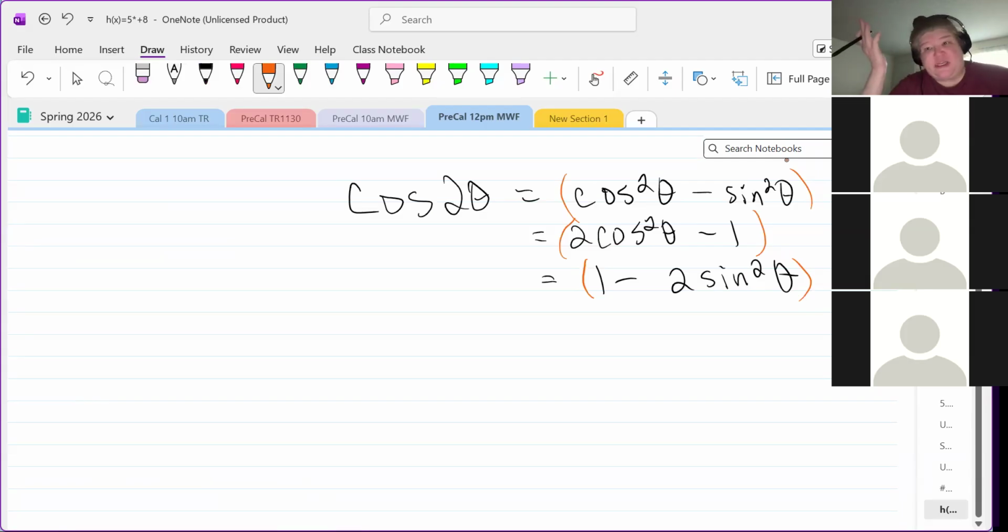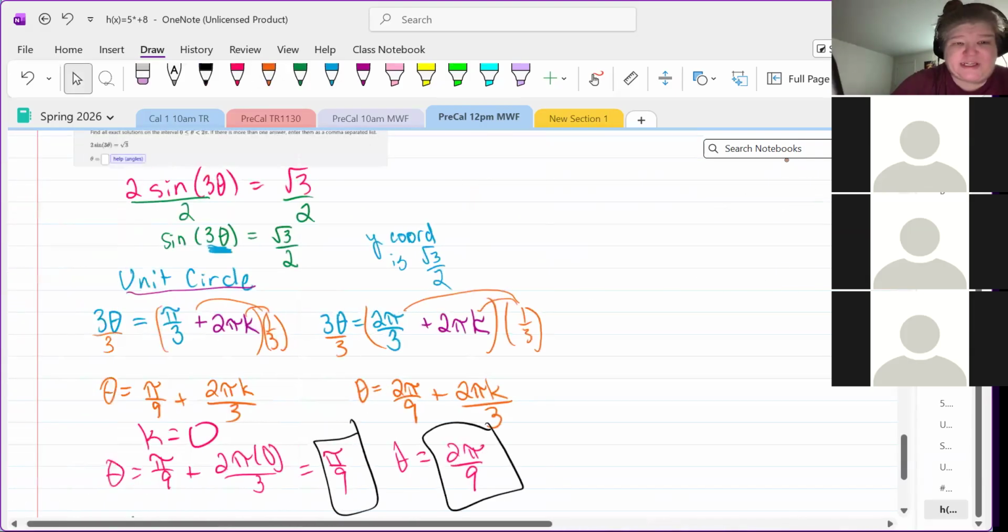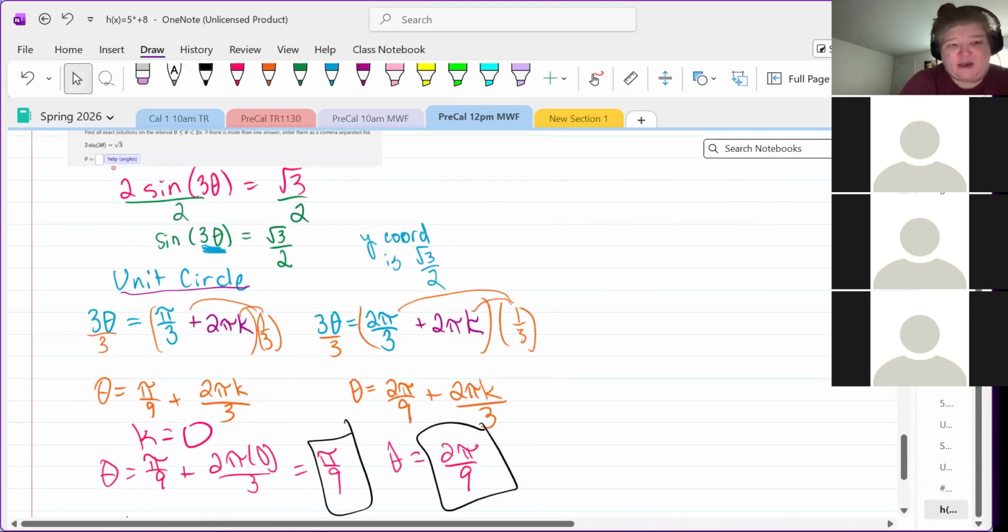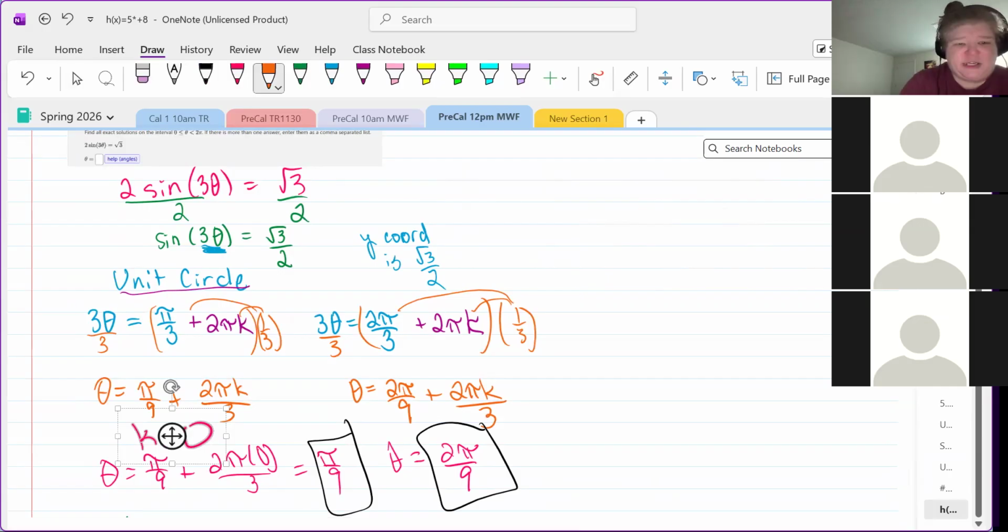And that might make more sense for you, but if you're solving an equation for cosine 2 theta, you can also just do it the way we did here: move any numbers around, add or subtract, multiply, divide, till the trig function is by itself.